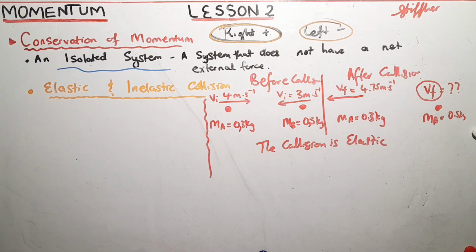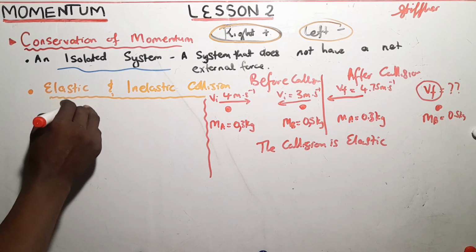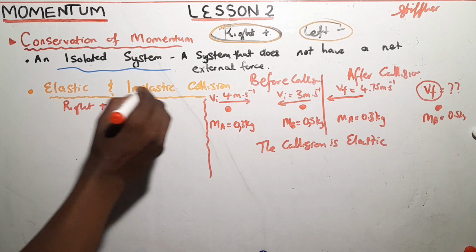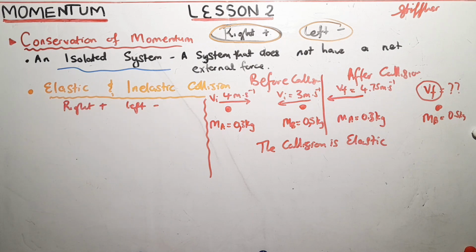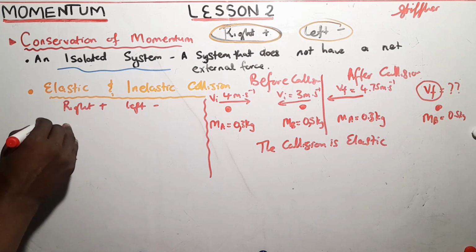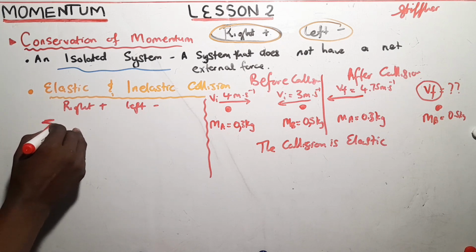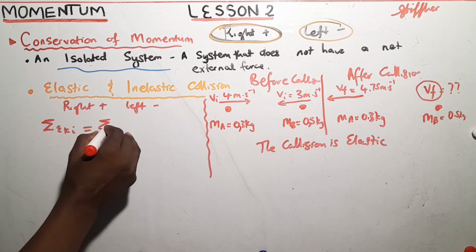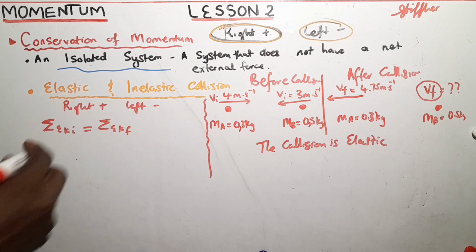Before attempting anything, we choose the direction. So we can say our right can be positive, so it means that our left will be negative. Since they said the collision is elastic, we can say the total EK initial is equal to the total EK final.